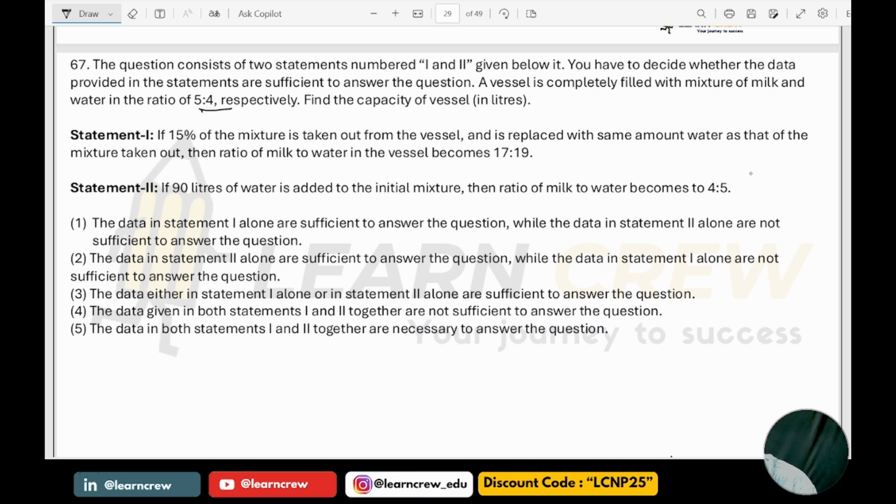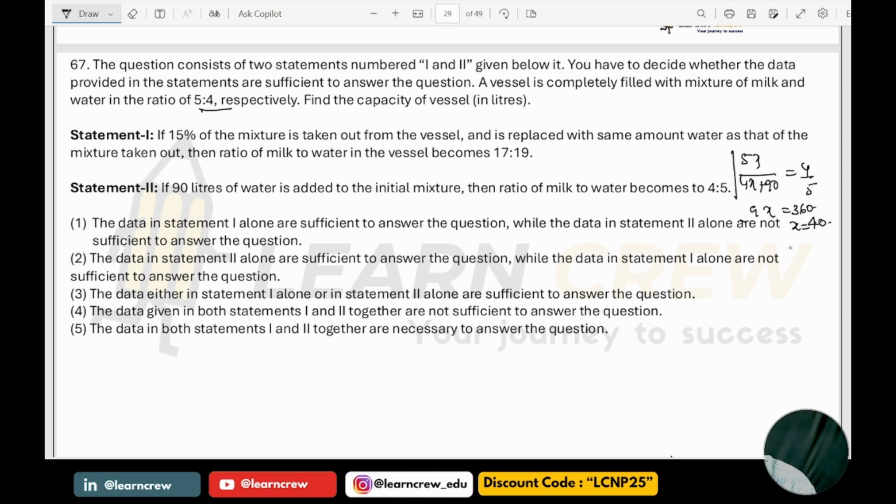So please see here. Just now we have already completed this sort of model question in our regular questions. Initially 5x and 4x. When 90 is added, the ratio becomes 4 by 5. So from this, 9x is equal to 360, which means x is 40.